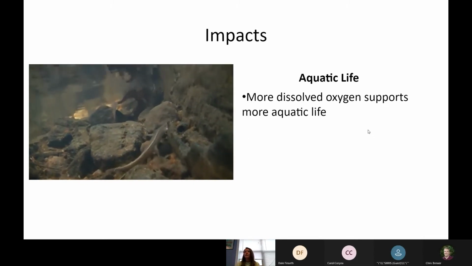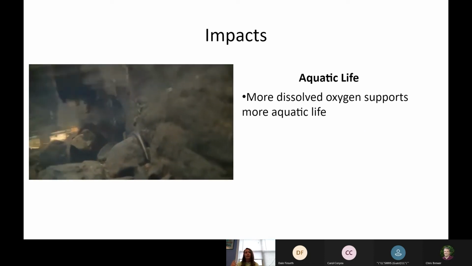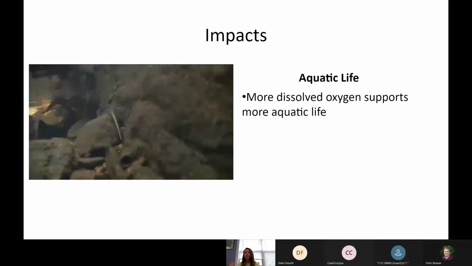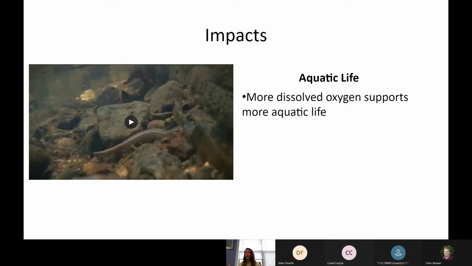A couple of the ways that oxygen gets mixed into water: one is through the wind. You might have seen a really windy body of water that gets white caps on top of it. Those white caps are a sign that there's a lot of bubbles and oxygen being mixed into the water. Another is the way a stream might be flowing.